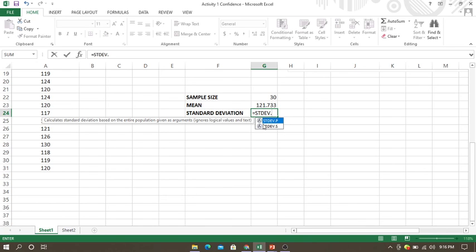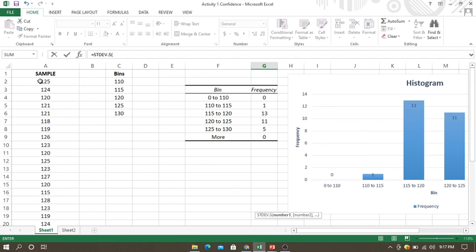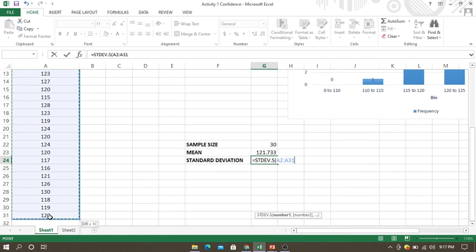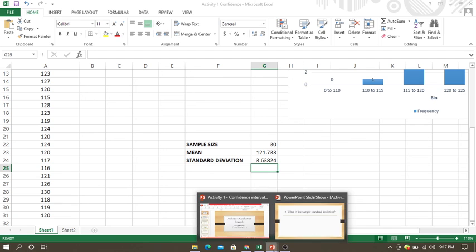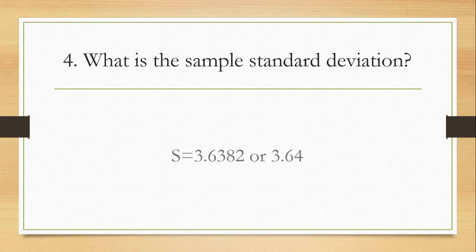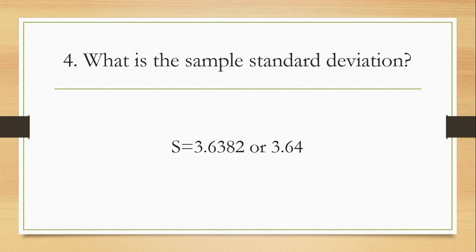So we're going to use the S since it is the one given in the question. Drag this, still the A2 cell up to the A31 cell. So we came up with the value of 3.663824, or if we round off to two decimal places, 3.64.